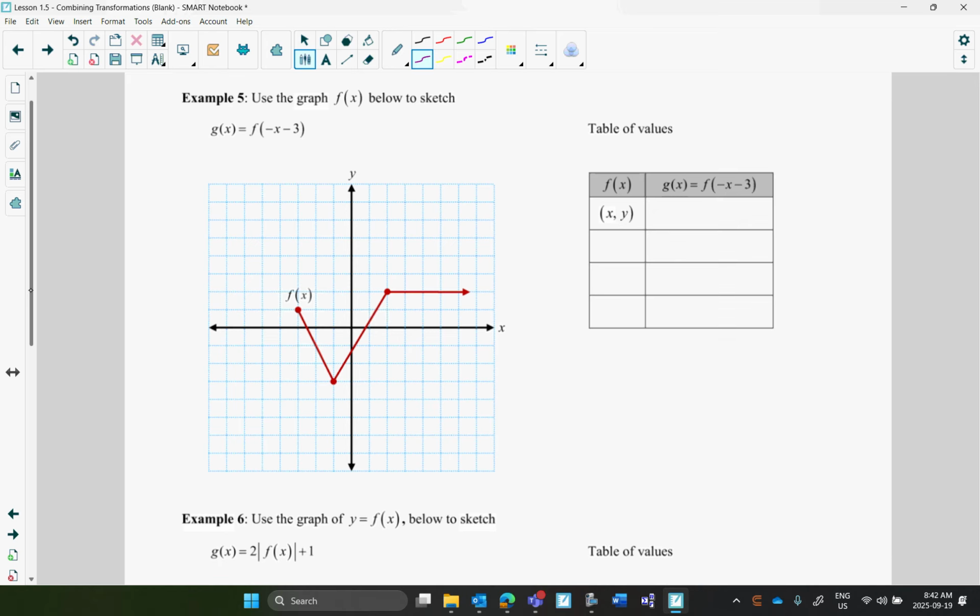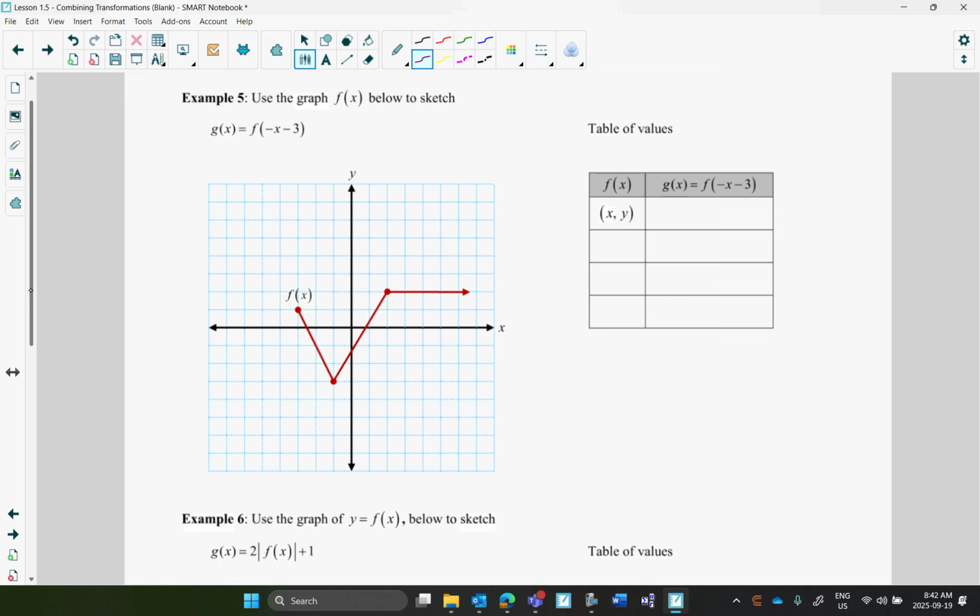I'm going to get you to do this one, but look at the function. Is there anything that needs to be done? You have to factor because there's horizontal shift going on.